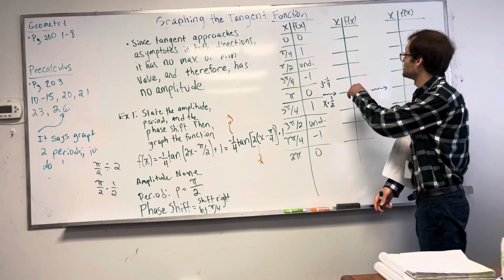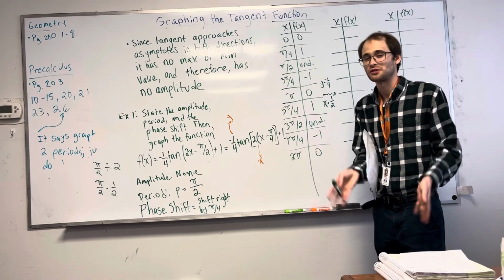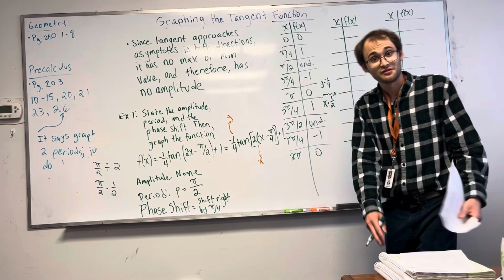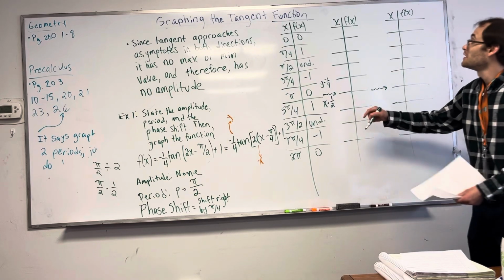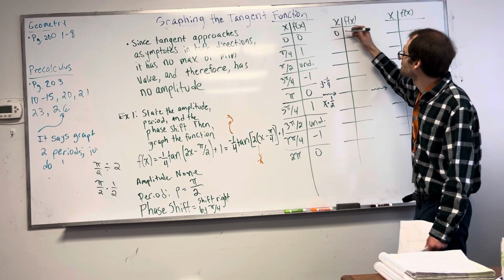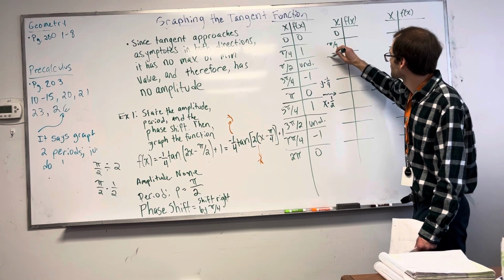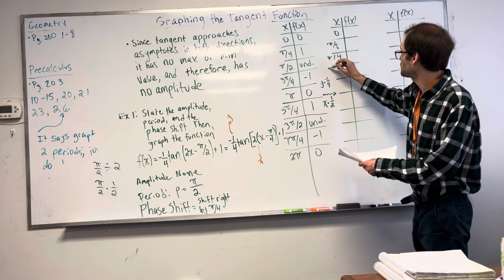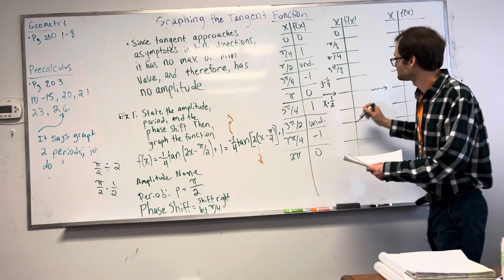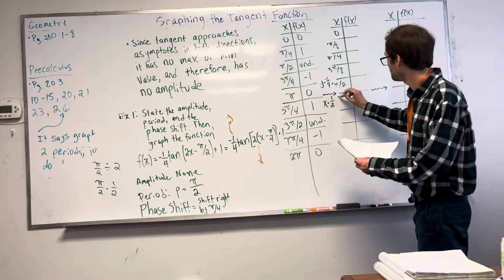And now I've actually got to do that calculation here. I might write this part too fast. In fact, I almost certainly will. Definitely pause the video if you need to. Okay, let's do the x's first. Let's see, we'll have a 0 here, pi over 8, pi over 4, 3 pi over 8, pi over 2, let's see, 5 pi over 8.